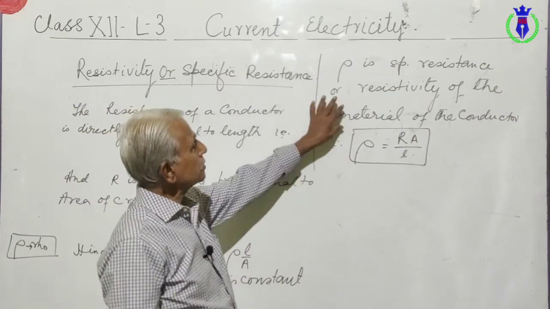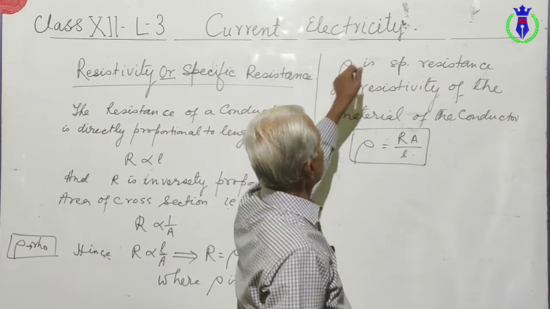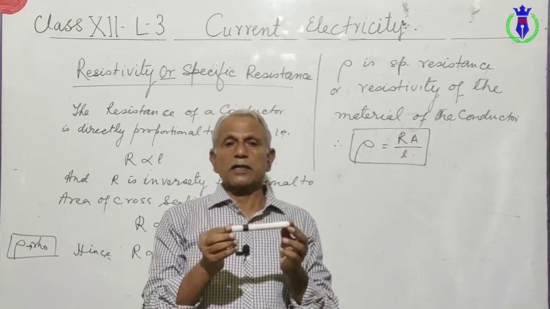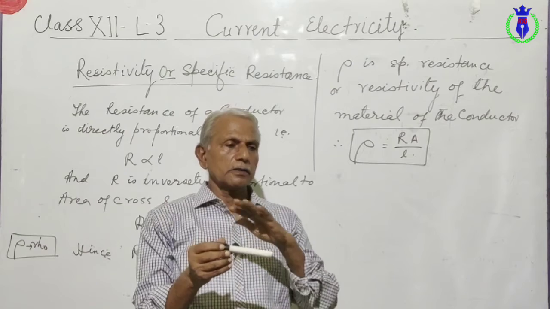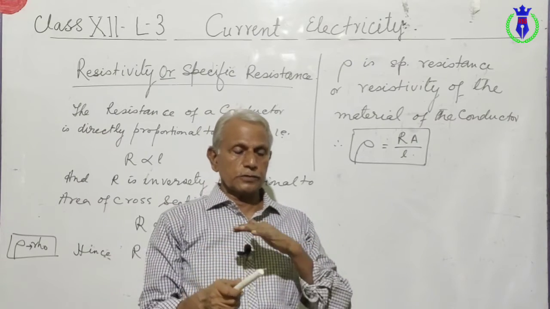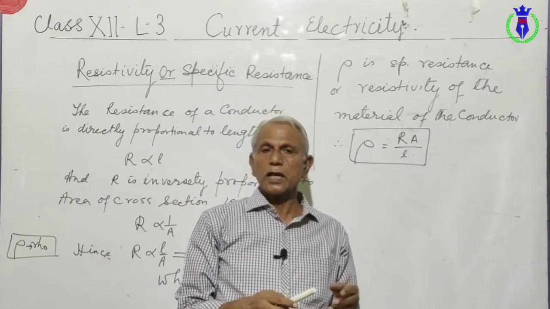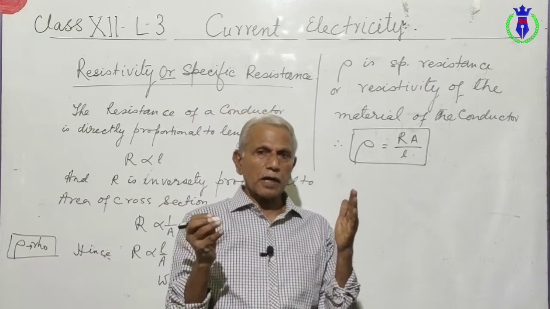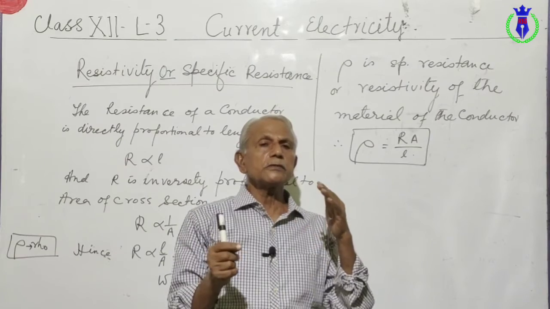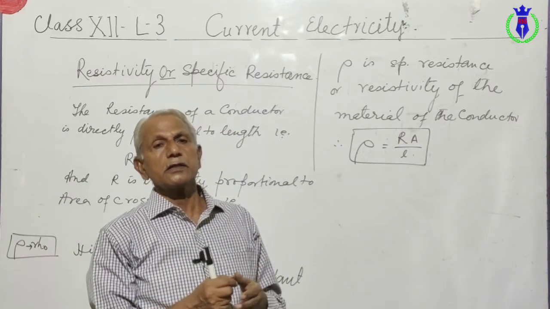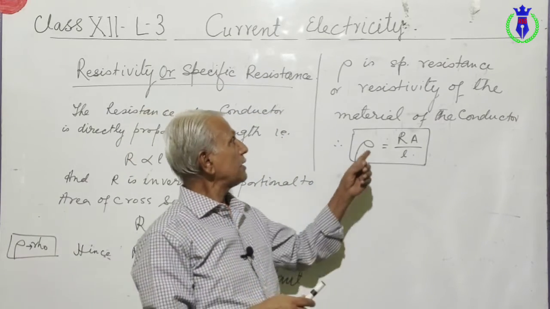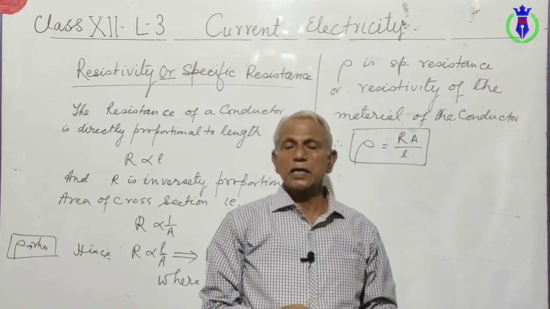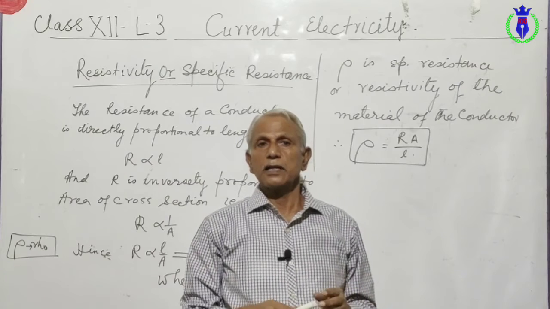One thing is very important to know, that R is a property of the conductor. If you take the conductor different, the resistance is different. Though the material is same, different wires of copper have different resistances, but this resistivity or specific resistance depends upon the material.